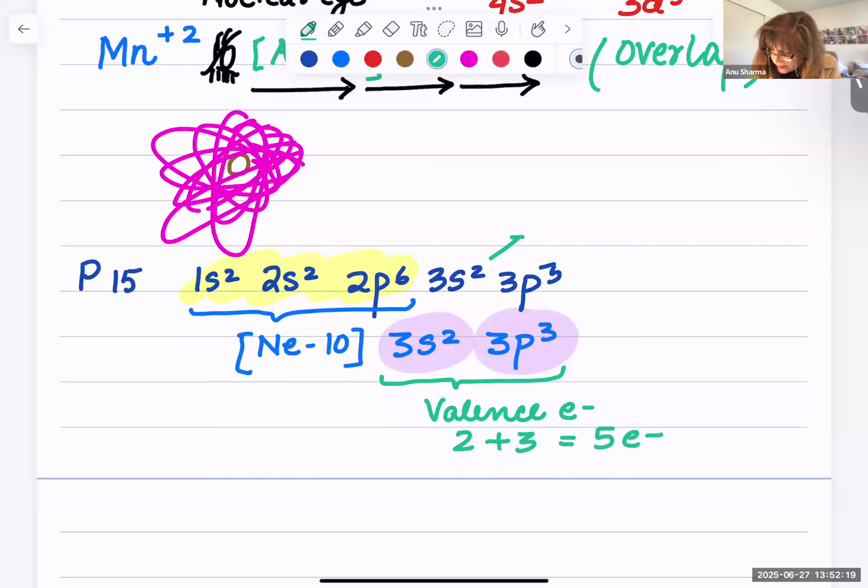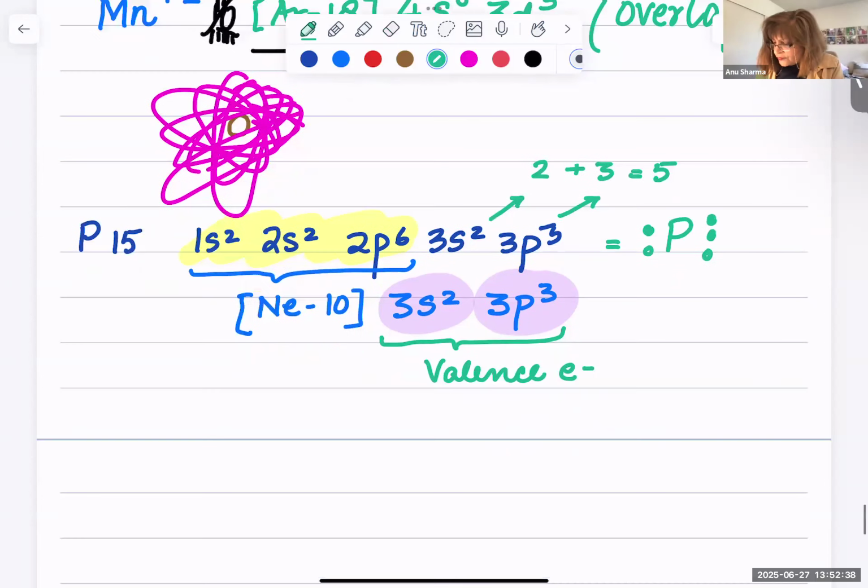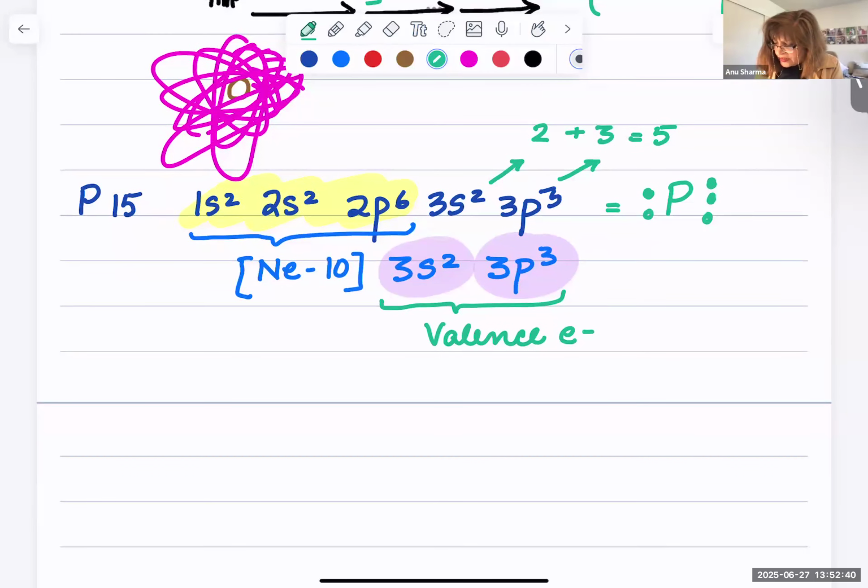That's why phosphorus has 1, 2, 3, 4, 5 electrons, which we show as dots in the Lewis structure. So that's phosphorus, 5.